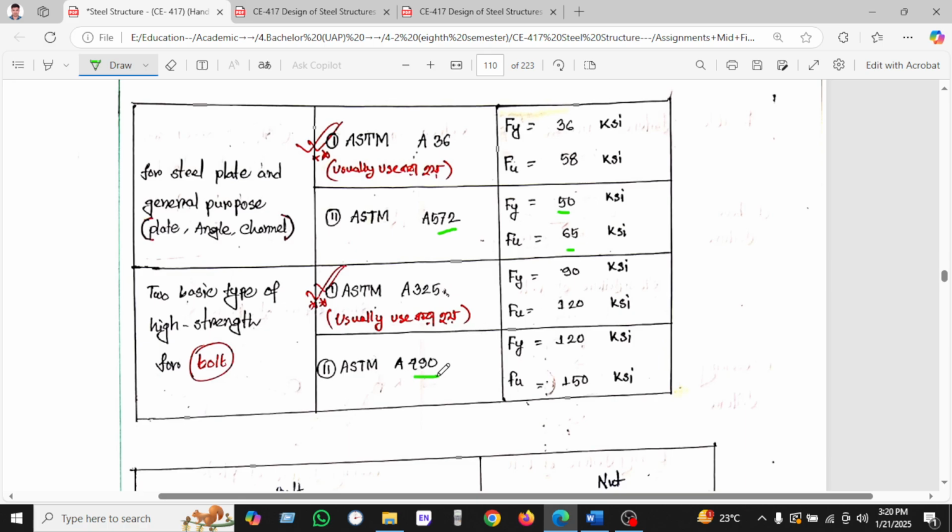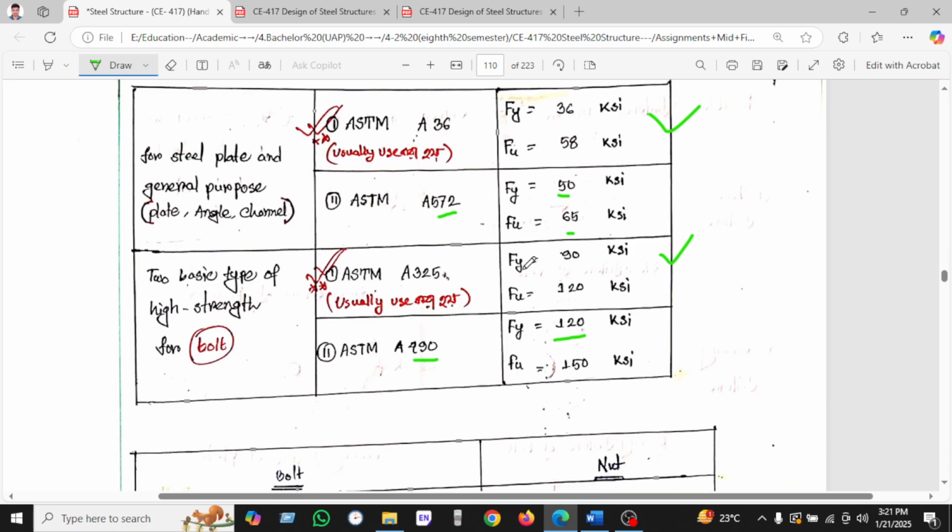ASTM A490 has Fy equal to 120 and Fu 150. So in bolts, usually we use the 90 grade, and ASTM A36 is usually yield stress 36 and ultimate equal to 58.